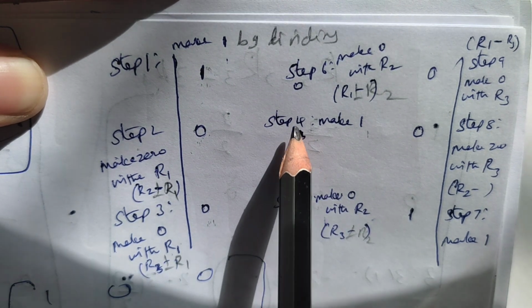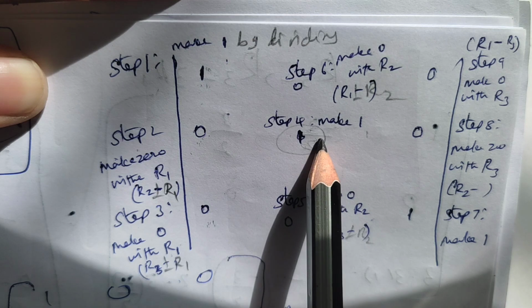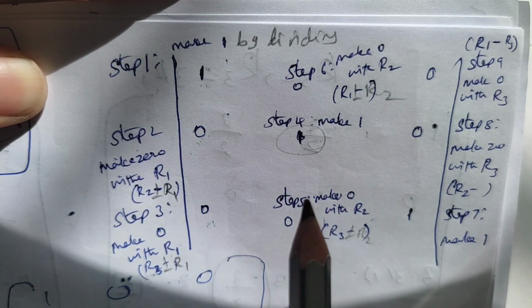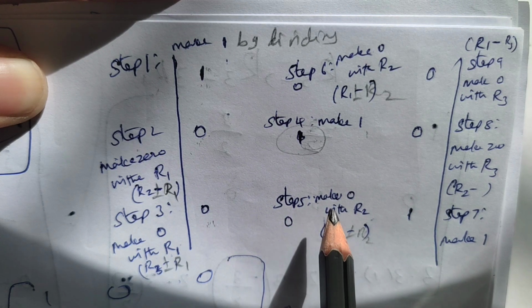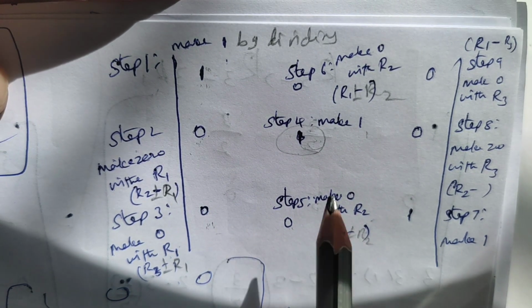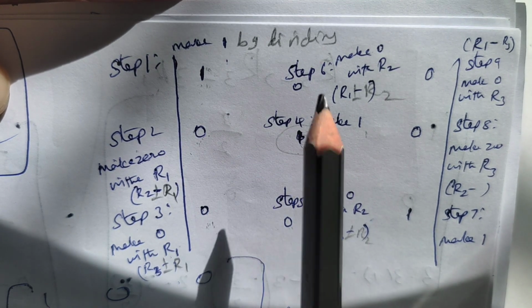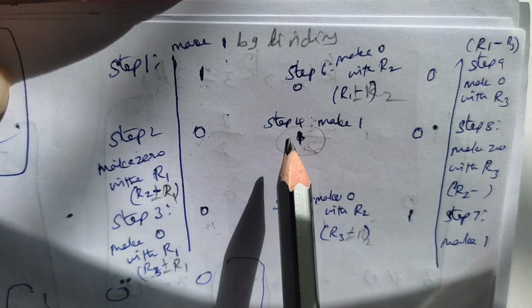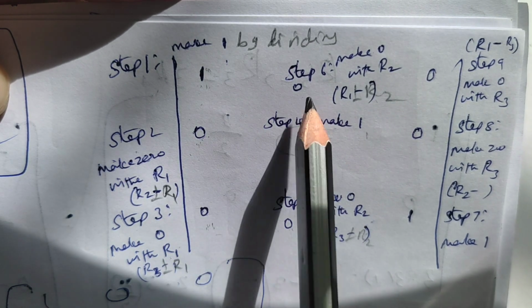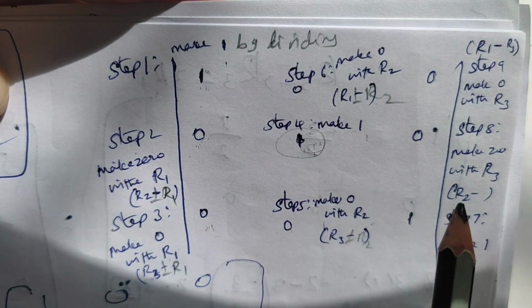Step 4, you should make the second element of the second row 1. Step 5 is make the second element of the third row 0 with the help of R2. And step 6 is make the second element of the first row 0 with the help of R2.